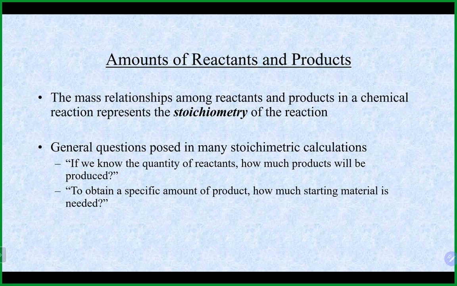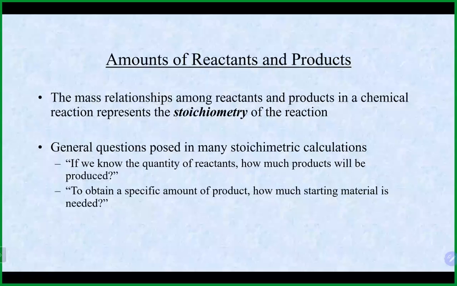You're interested in another substance in the equation, maybe another reactant, maybe another product. You could boil down stoichiometry to a conversion factor. Instead of looking up the conversion factor in a table, we find it from the balanced equation, and that allows us to relate everybody in the equation to each other.